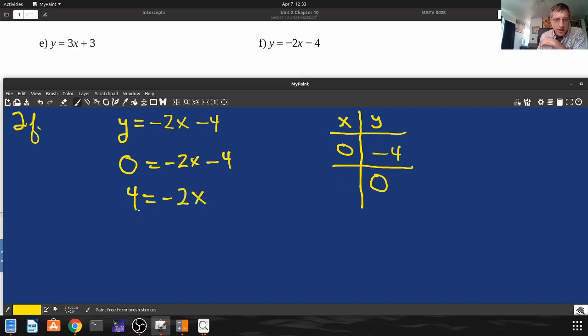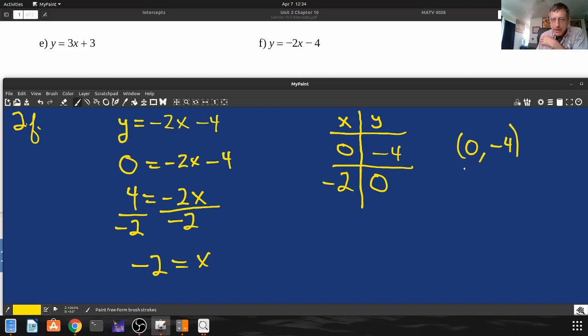So now I know how much minus 2 of something is. So to find out how much one of those things is, I'm going to divide that quantity, which is 4, by minus 2. So 4 divided by minus 2 is minus 2, and that gives me x. So minus 2. So the y-intercept is 0, minus 4. The x-intercept is minus 2, 0.